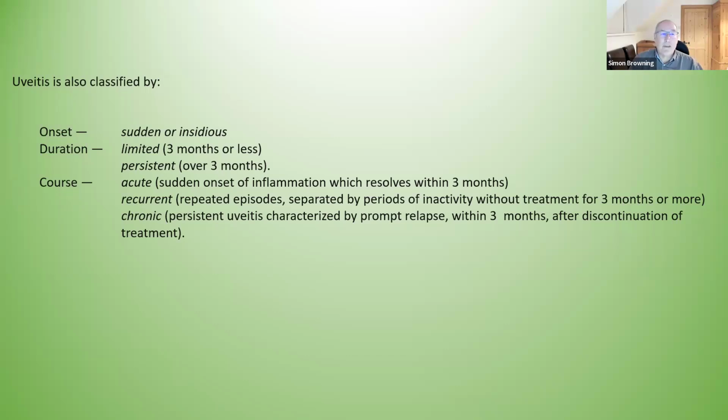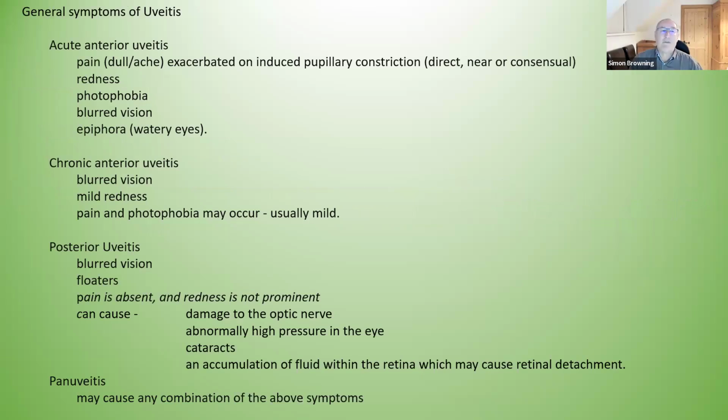General symptoms with anterior uveitis: the patient is going to tell you that it's painful. You're going to see the classic redness of the eye, photophobia, blurred vision, watery eyes. Chronic cases have blurred vision, mild redness, and photophobia again. But with posterior uveitis, pain is absent and redness is not prominent.